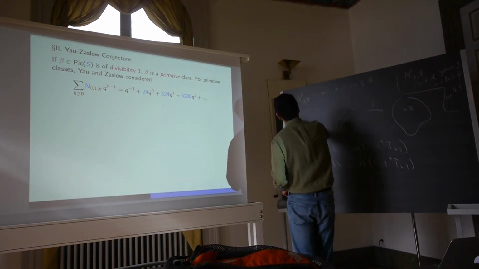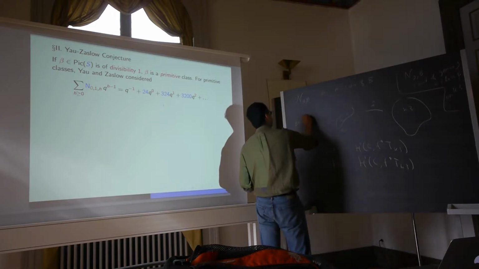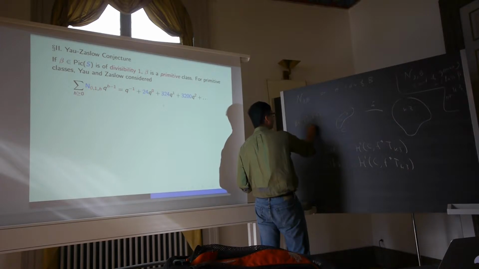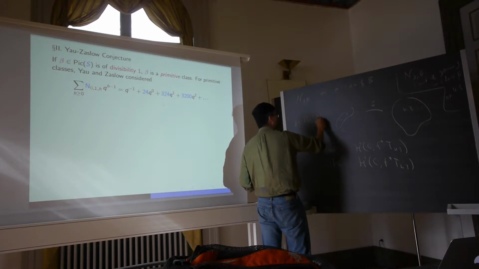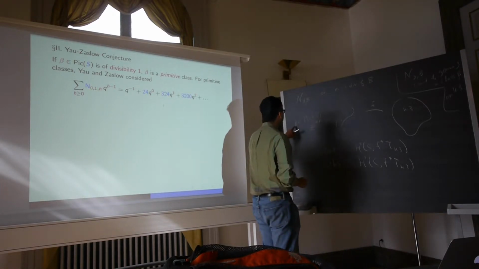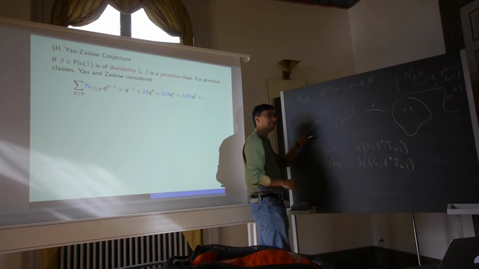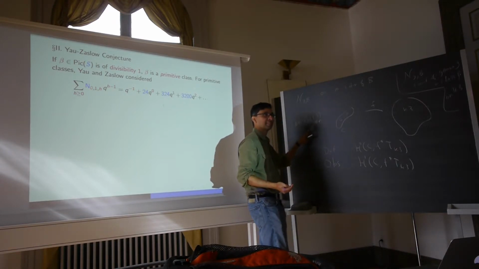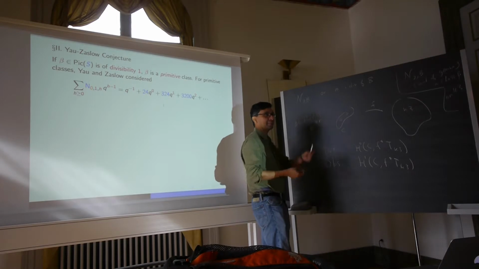What I mean by this is beta is an element in the Picard group of S, the group of line bundles. The Picard group of S is just a direct sum of Z's. How many depends on S, but some number. Any element in a direct sum of Z's has a divisibility, which is just the biggest number m you can divide by.